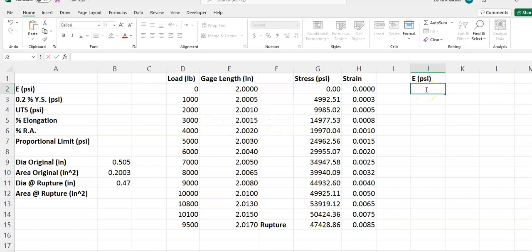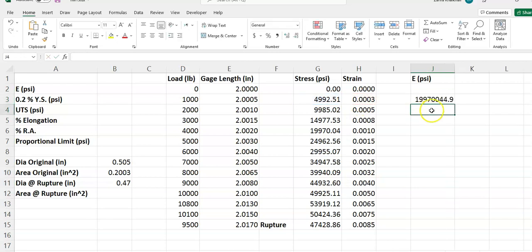For the first row, let's start from next row. So elastic modulus is stress divided by strain. Now I don't want to divide 0 by 0, so I will start from here. So equal sign stress divided by strain. Enter.